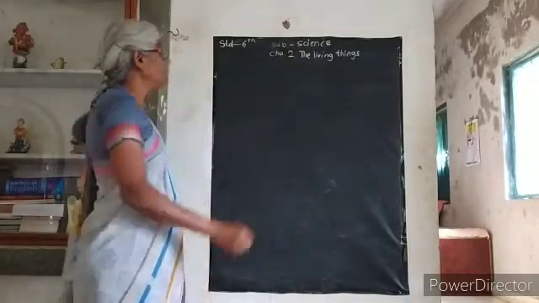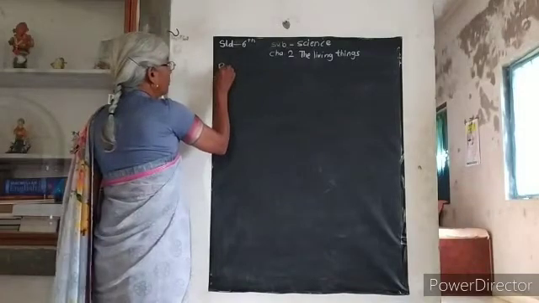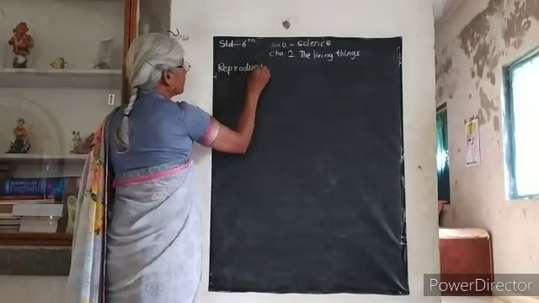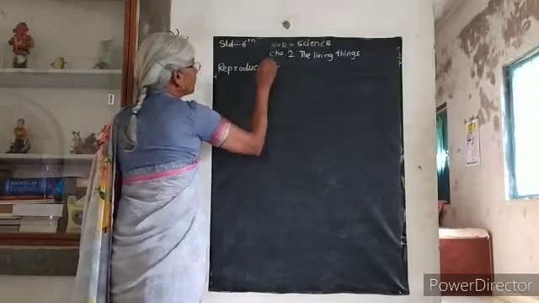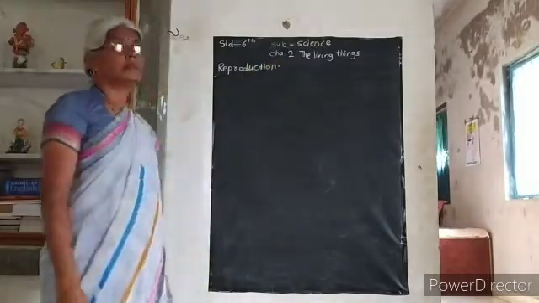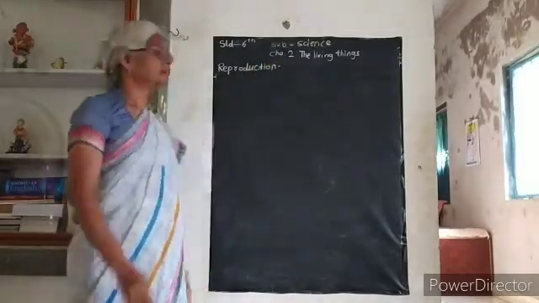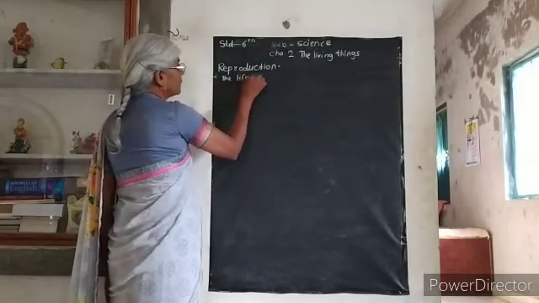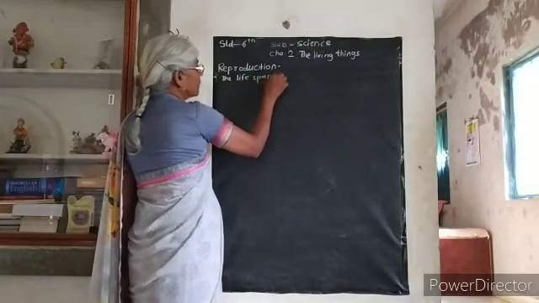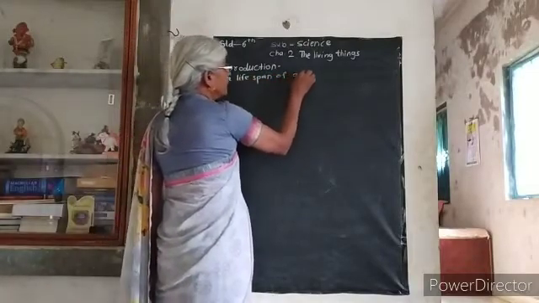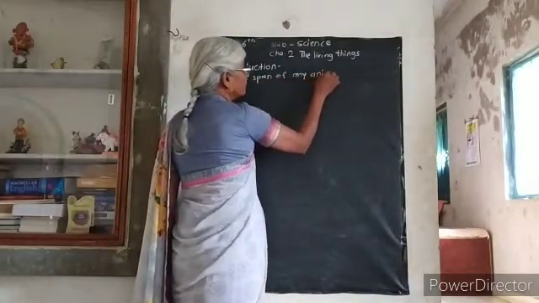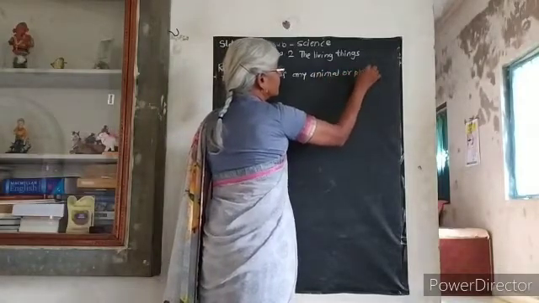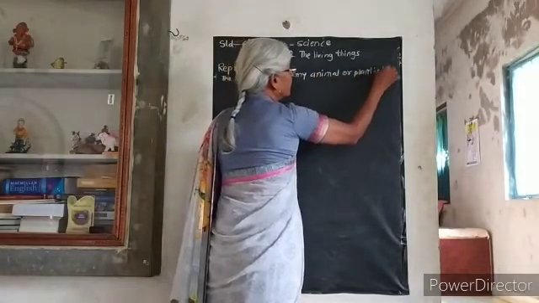In this period, we learn about the property of living things, that is reproduction. We know that the lifespan of any animal or plant is limited.